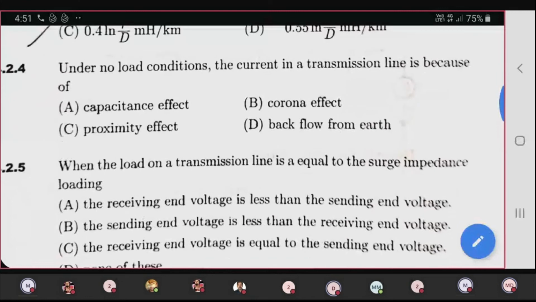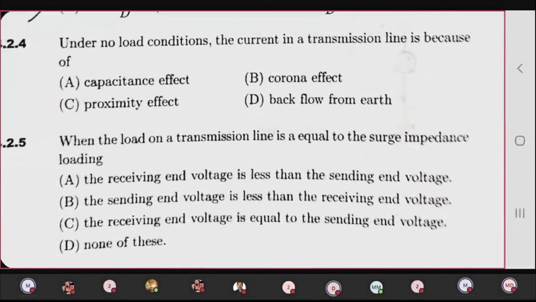Question number 5. When the load on a transmission line is equal to surge impedance loading, we have to select which condition is correct. A, receiving end voltage is less than the sending end voltage. B, sending end voltage is less than receiving end voltage. C, receiving end voltage is equal to sending end voltage. And D, none of these.